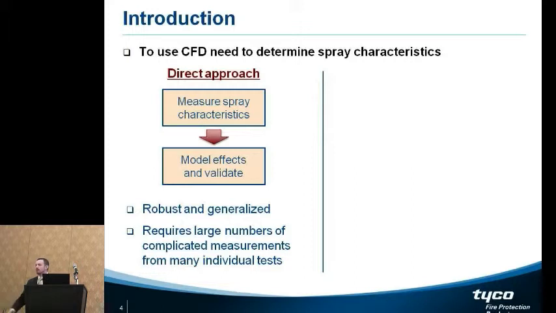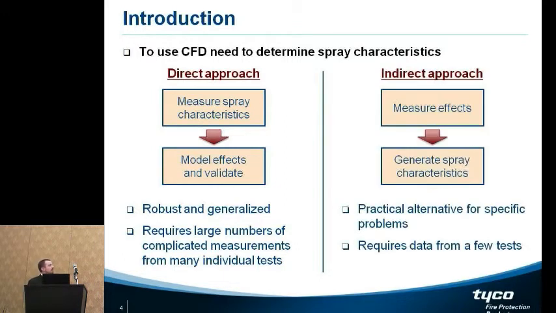You generate a spray based on measuring all these characteristics, you put those into a model, and then you validate that model using test data. Well, let's say you don't have any of that information, or the facility or the ability to collect it. The approach I'm going to talk about today is a way of, for specific applications, going out and measuring the effects of the sprinkler on the environment, and then backing out of that some general spray characteristics you can use to specify your sprinkler spray in the model, using, like I said, some compartment test data.